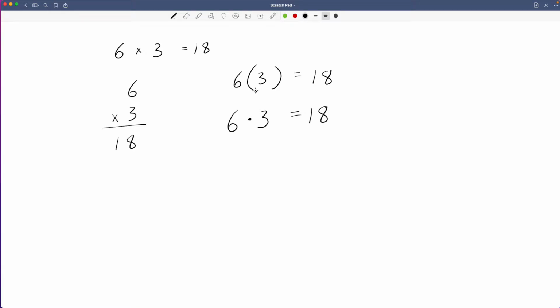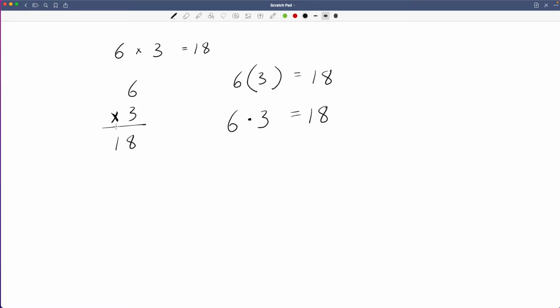And the reason the dot is used and the reason the parenthesis is used is because as we get further on into algebra, we're going to start using, just like we did in our addition and subtraction lesson previously in lesson 3, letters to represent missing information. And a lot of times that letter that we use is an X. And when we use the letter X, we don't want it to get confused with our multiplication sign.